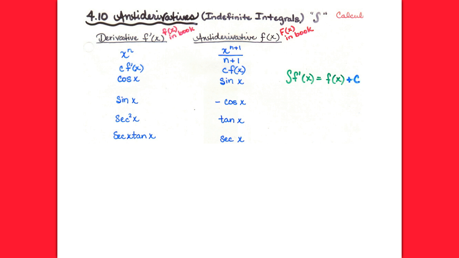So when I do an indefinite integral, on page 299, they tell me a function is called an antiderivative if you can integrate the derivative and go back to the original function. So if you take the indefinite integral of a derivative, they're inverses of each other.